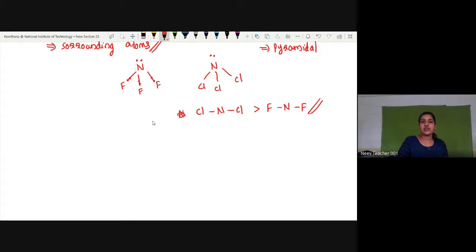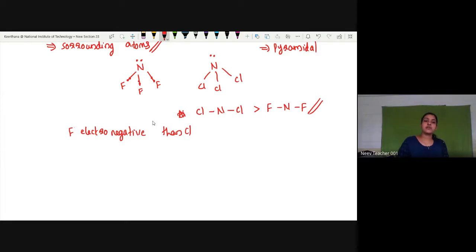When you are comparing it with the NCl bond, first you say fluorine's electronegativity. Fluorine is more electronegative than chlorine. So when you are considering the electron cloud between nitrogen and fluorine, and between nitrogen and chlorine, the shared electron pair is more displaced towards fluorine in NF3 when compared with the NCl3 molecule.